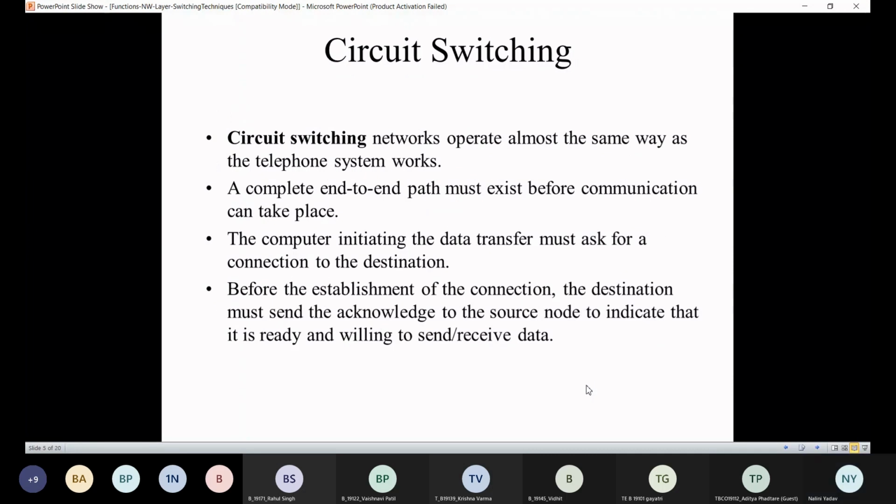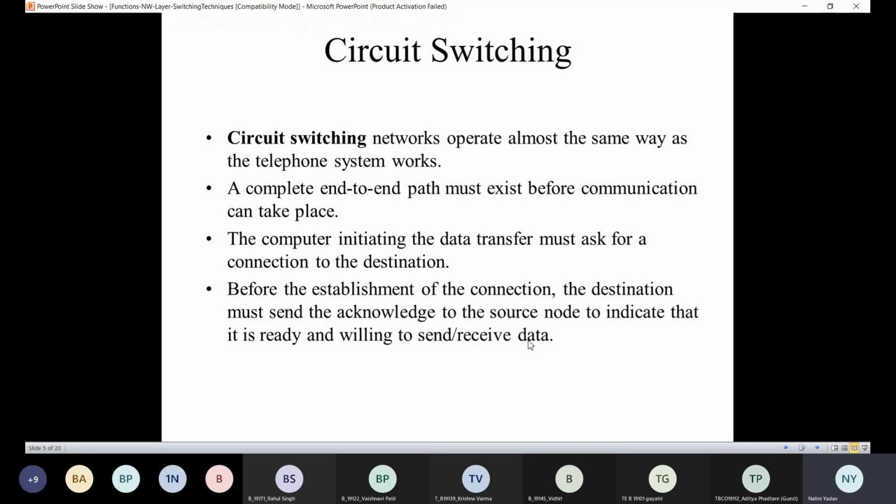Fine. So what are the things in circuit switching? Circuit switching operates almost the same way as a telephone system. A complete end-to-end path must exist before communication can take place. The computer initiating the data transfer must ask for a connection to the destination. Before establishment of a connection, the destination must send an acknowledgement to the source node to indicate that it is ready.